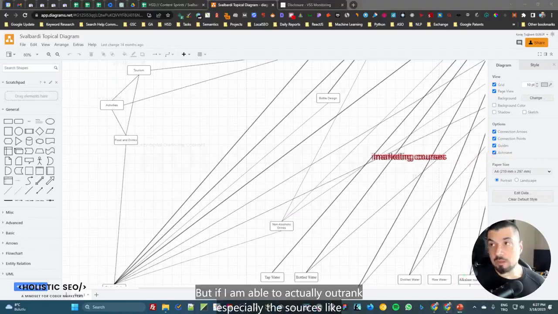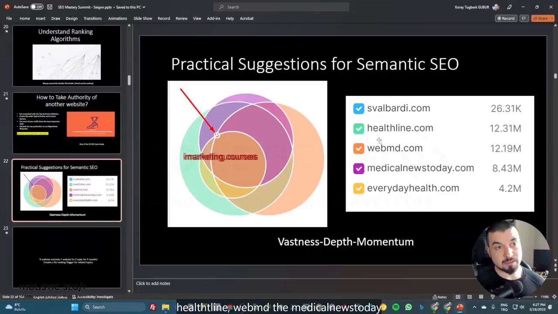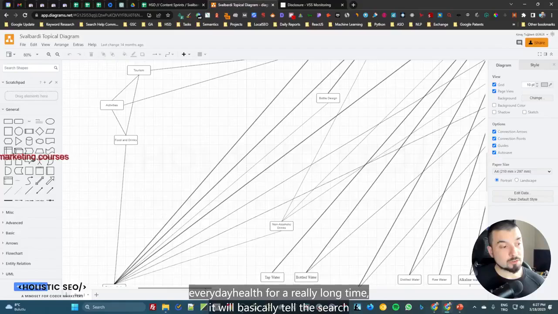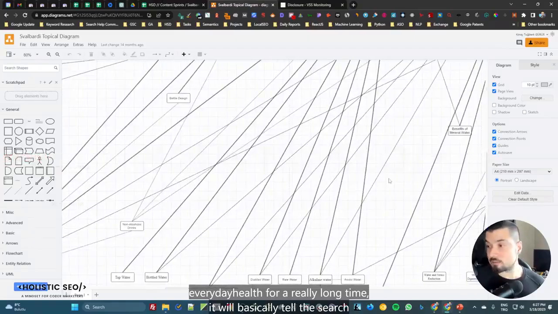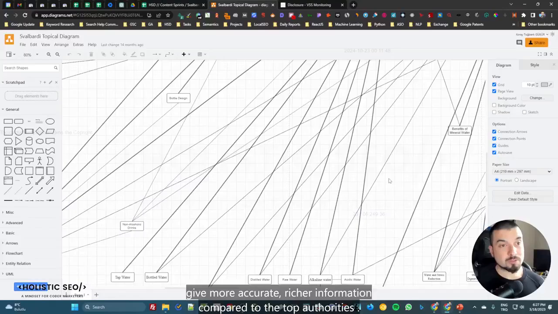But if I am able to outrank, especially sources like Healthline, WebMD, Medical News Today, Everyday Health, for a really long time, it will basically tell the search engine algorithms that Svalbard is a website or a brand that can give more accurate, richer information compared to the top authorities.